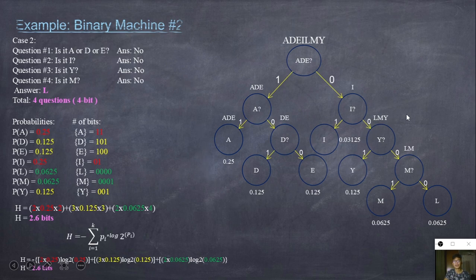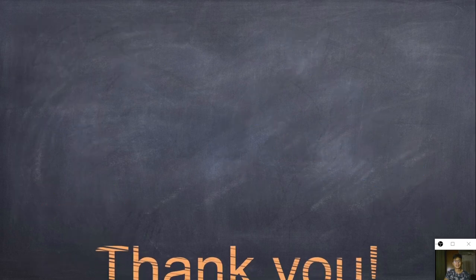We use less representation for the binary machine, far fewer total questions and probabilities, and much less equation work to find the entropy compared with the Hartley equation. So that's the end of my presentation.